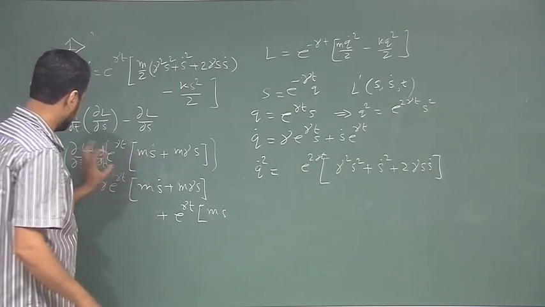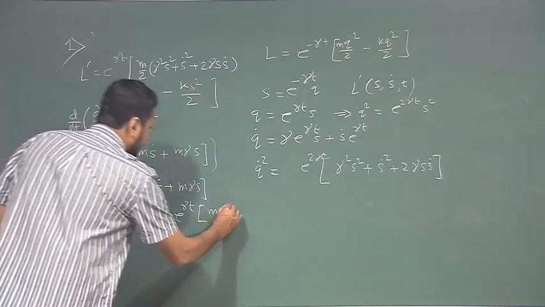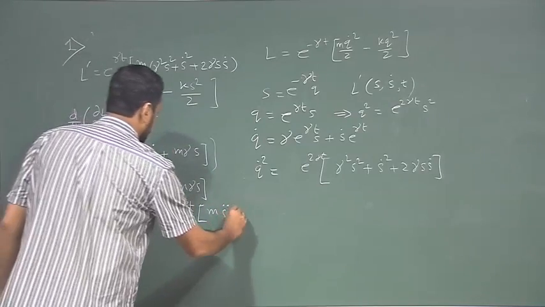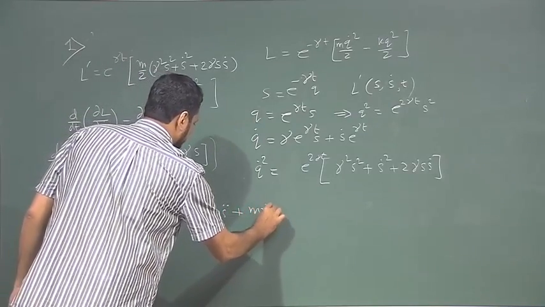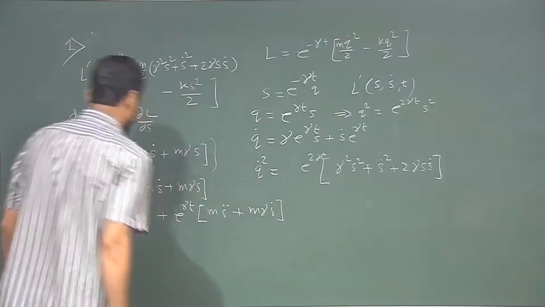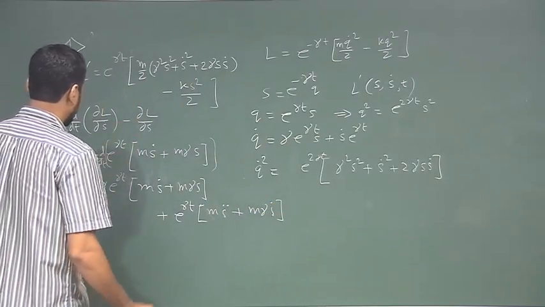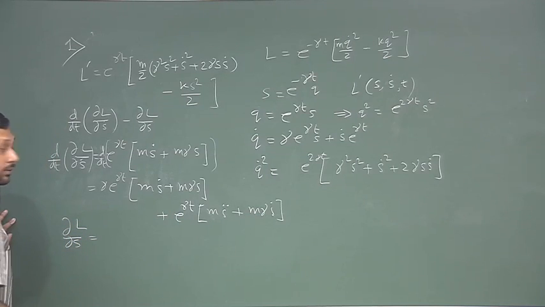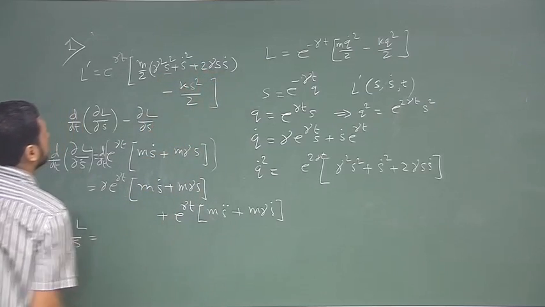Second term, this is fixed and we take the derivative of this term. So, this is m S double dot plus m gamma S dot, right, and del L del S will be, okay, you can see del L del S will be from this term and this term, right.